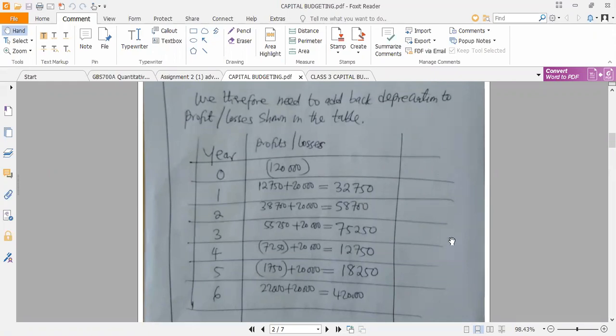The second year, we have recovered 58,700, meaning for the 2 years, we would have recovered 91,450. But this amount is not enough because we need to recover the exact amount of 120,000 kwacha. So how long will it take for us to recover the exact amount of 120,000 kwacha?